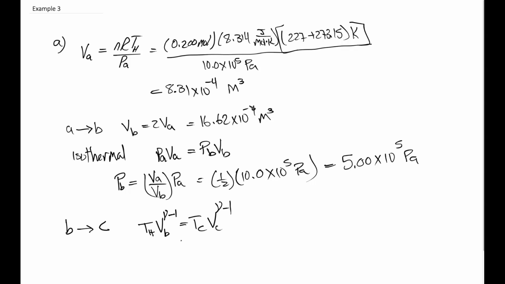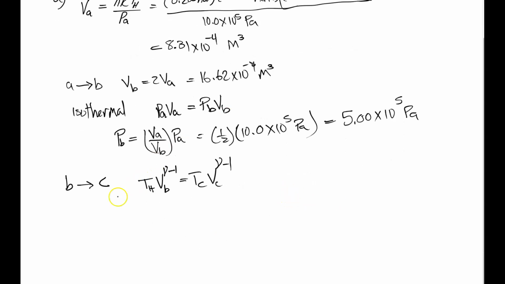So the following is true, and we can find that the volume at point C is going to be VB times temperature at the high point over the temperature at the low point, raised to 1 over the ratio minus 1, which is the same as minus that ratio.